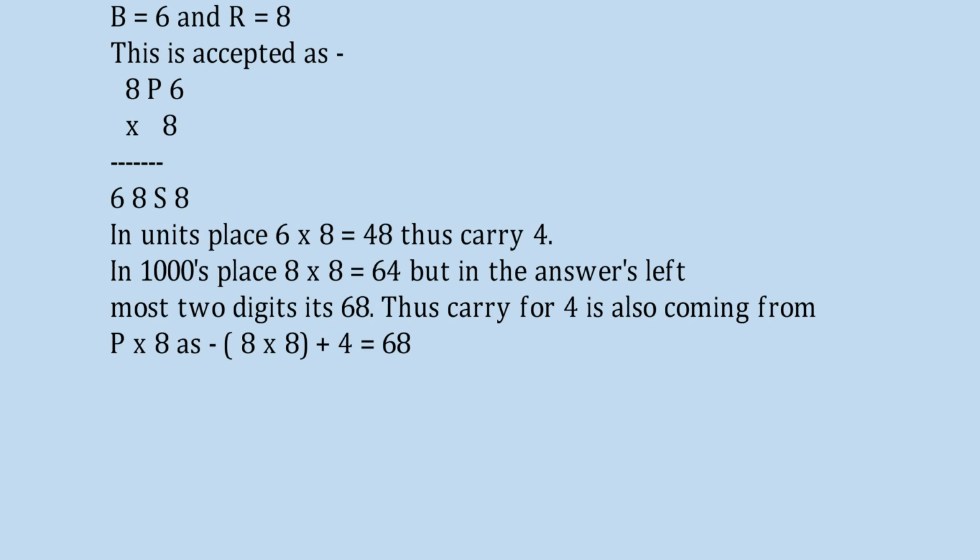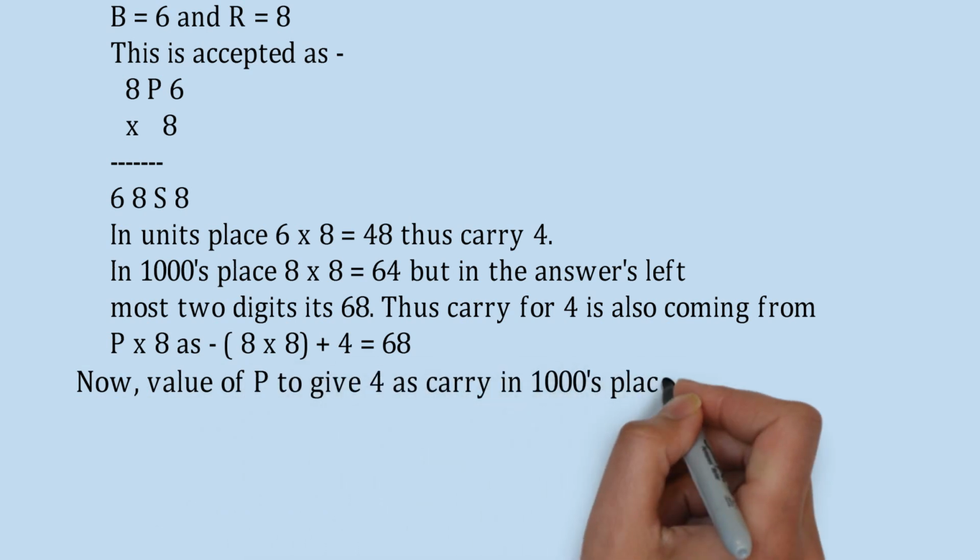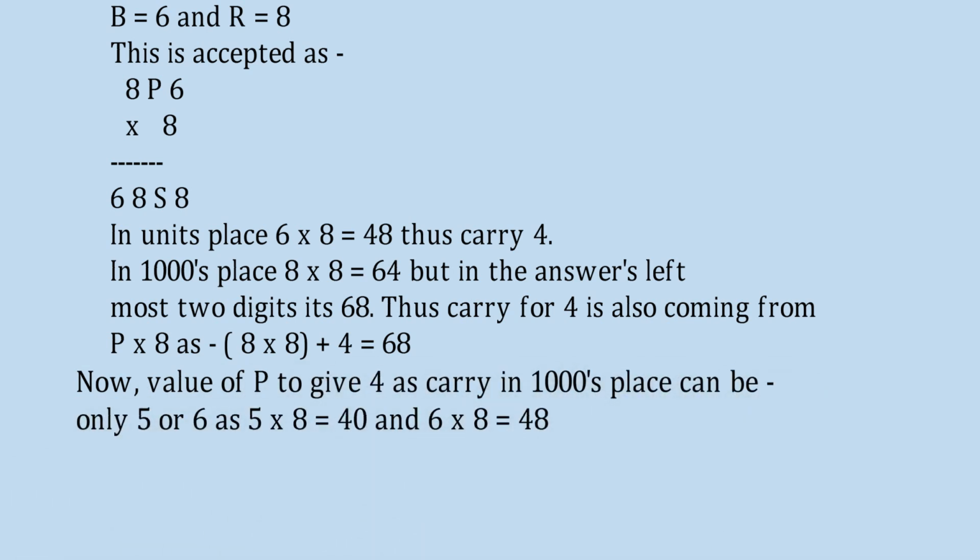It means the carry of 4 is coming from the previous step, which is pretty much possible, because if p has a value of 5 or 6, 8 into 5 gives 40 and 8 into 6 gives 48. So in both these cases a carry of 4 will be generated, which can be added to 8 into 8, 64, and it gives 68 at the maximum place. So if p has value 5 or 6, this is possible.